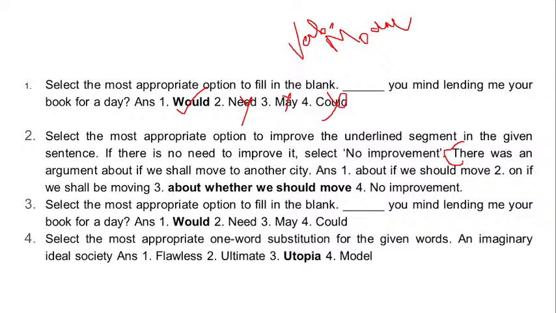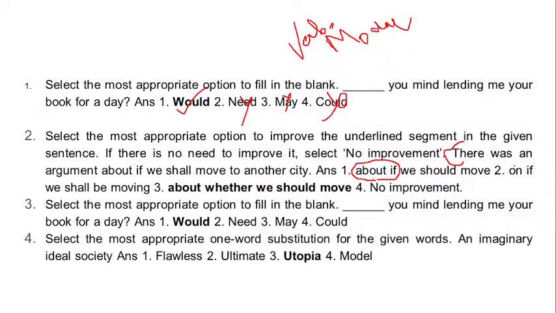This is a proper sentence, but not "there was an argument about if we should". About and if cannot be used together, okay? "We are not sure if we should move to another city" could work. So about and if we can't use together.